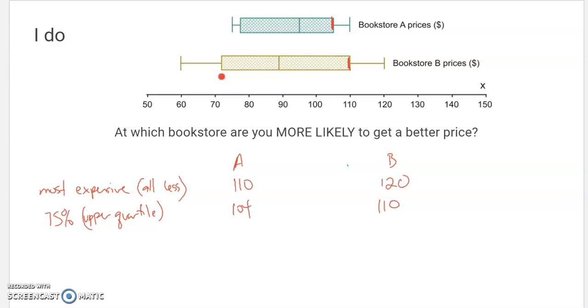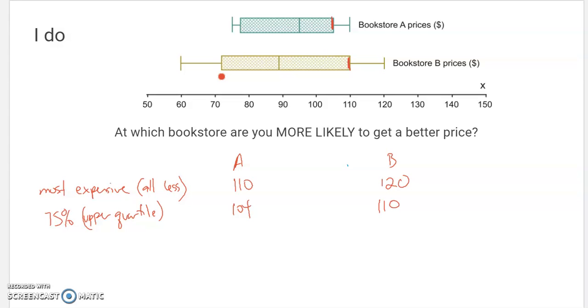What that means, remember, is that at each store, 3/4 of the books, or 75%, cost less than that. 1/4, 25%, cost more than that. So as I start to look at that, at least for now, I'm feeling like store A is cheaper, because look at this.